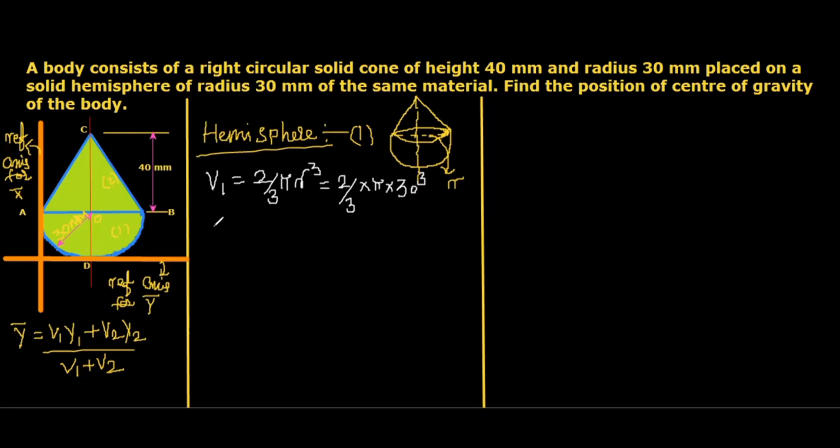Then by simplification, we will get the value of V1, that is 18,000 pi, in terms of pi. Here I substituted. You can put the value pi 3.14 or 22 by 7, and further simplification also you can do, because here also pi, here also pi, here also pi, here also pi, that we can take commonly in the numerator and denominator, then we can eliminate.